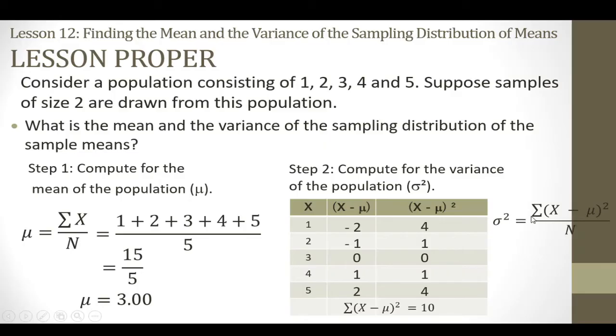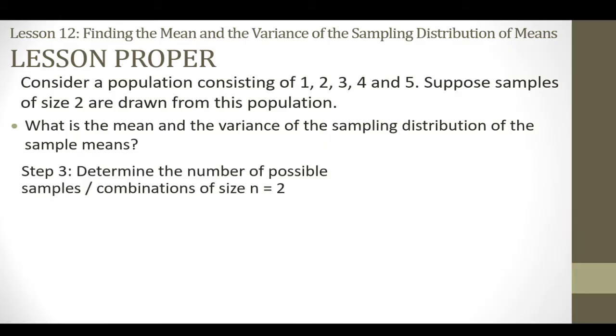So, ano ba tong summation na to? Ito yon, yung 10. So, i-divide lang natin saan? Sa total number of population, which is equal to 5. Very good. So, ang variance natin ay 10 divided by 5 is equal to 2. Very good.